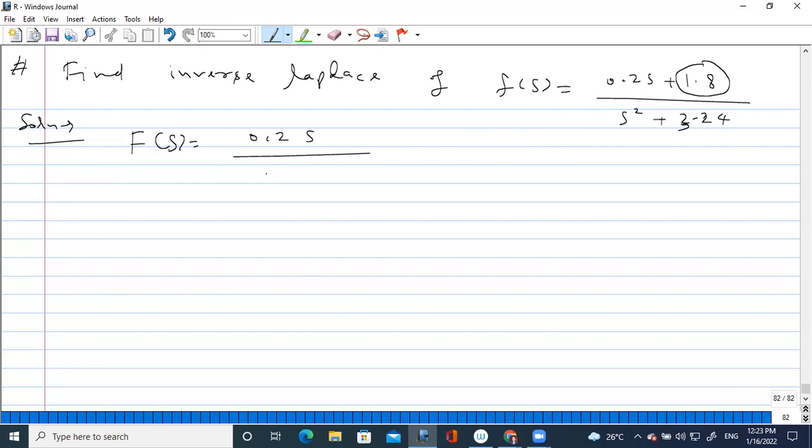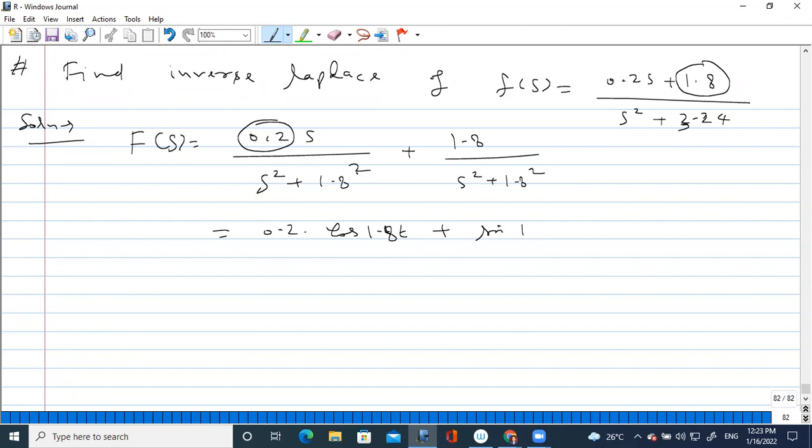So it is 0.2s by s square plus 1.8 whole square, plus 1.8 divided by s square plus 1.8 whole square. So 0.2 is a constant, otherwise it is s by s square plus a square. So this is cos 1.8t, with 0.2 already there, and plus this is sin 1.8t. Like this you can solve.